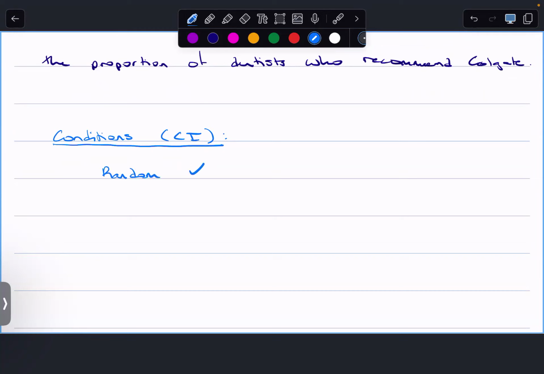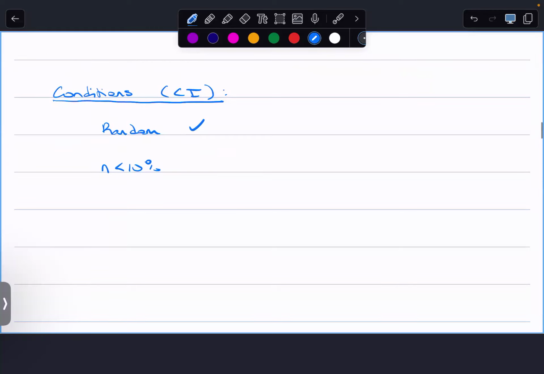Random, check, because it says n less than 10%. Yes. 600 is less than 10% of all dentists.